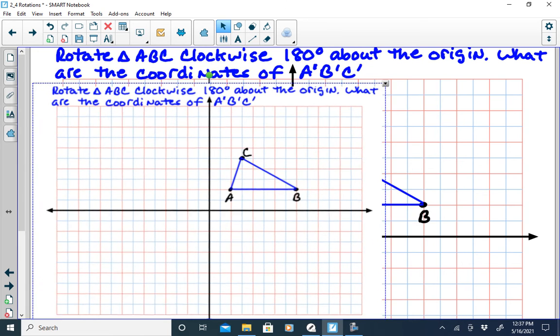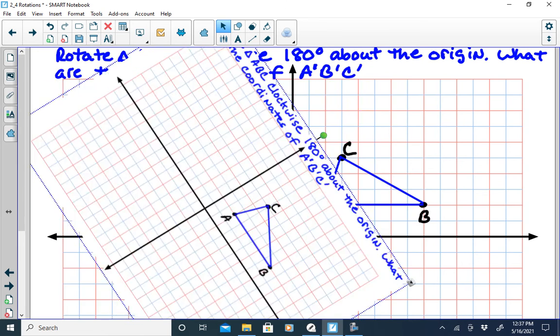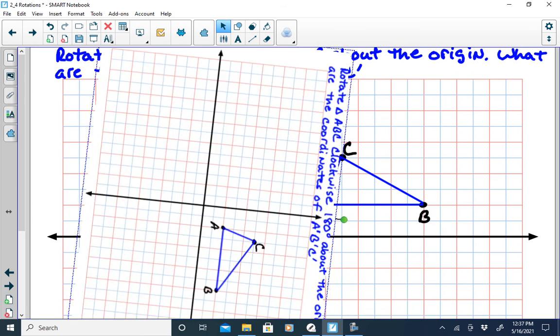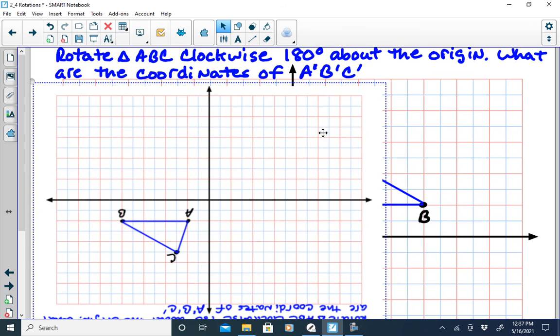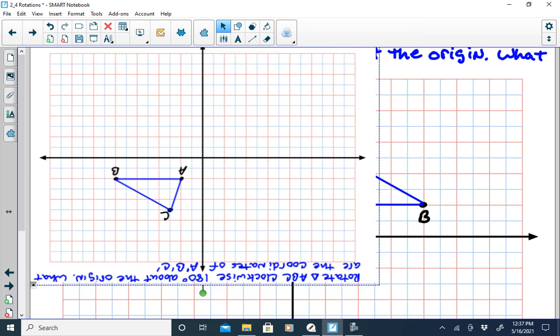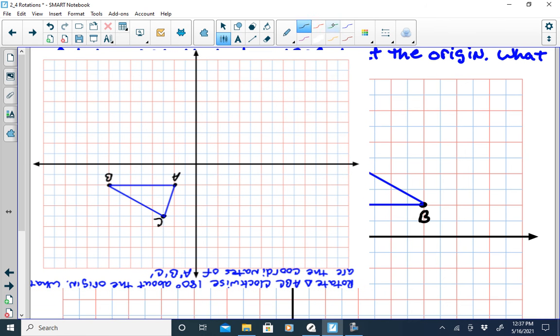So let's go back to 180 degrees clockwise. There's 90 degrees clockwise, and 180 degrees clockwise. So there's our 180 degree clockwise rotation. Let's identify the locations of A prime, B prime, and C prime after that rotation.